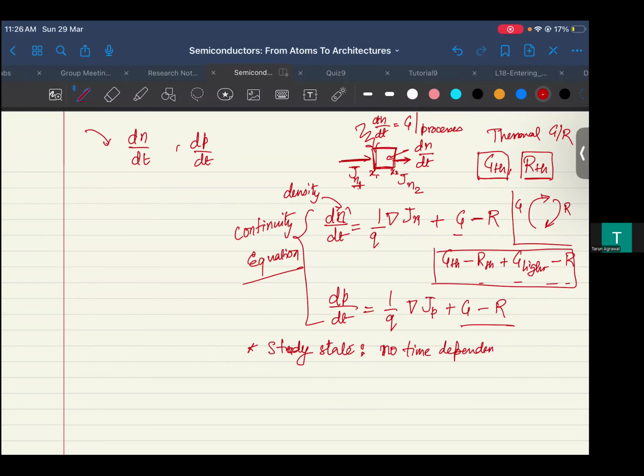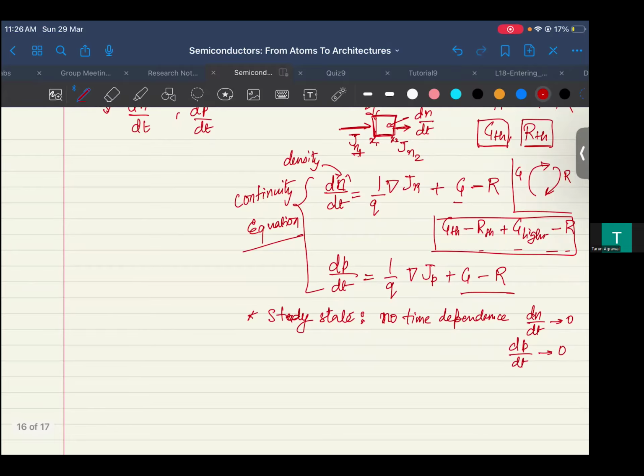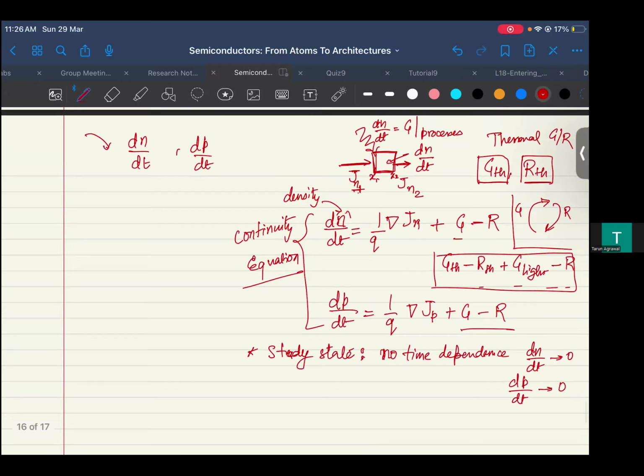So these time-dependent quantities tend to zero, and we see a constant current. That means Jn1 and Jn2 would be the same, or the gradient of the current would be equal to G minus R.